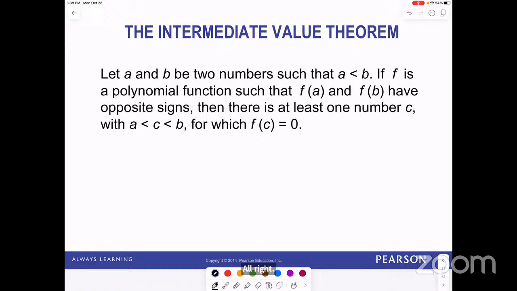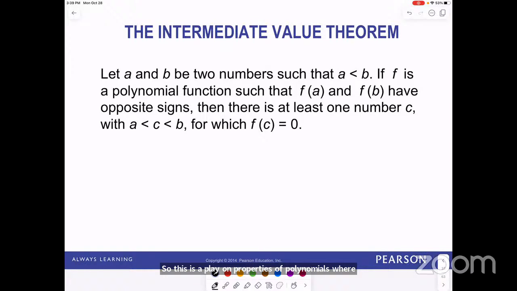So then we have this thing called the intermediate value theorem. Let a and b be two numbers such that a is strictly less than b. If f is a polynomial function such that f of a and f of b have opposite signs, then there has to be at least one number c between a and b where f of c equals 0. This is a play on properties of polynomials, which are continuous, smooth, unbroken curves.